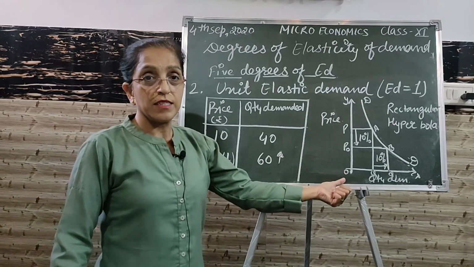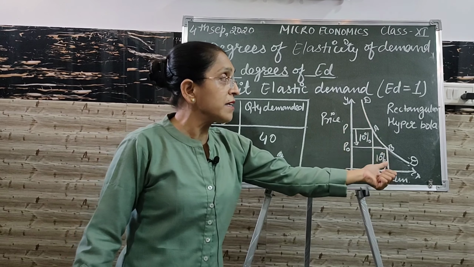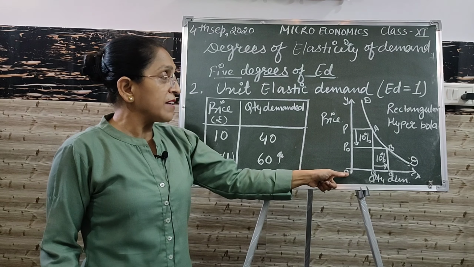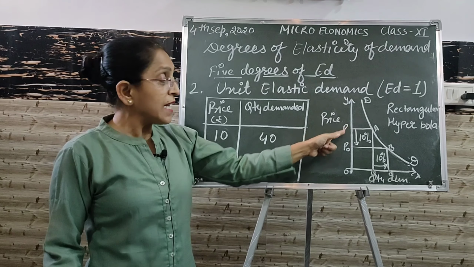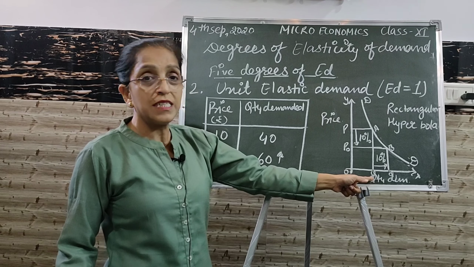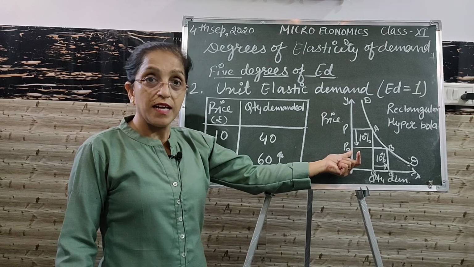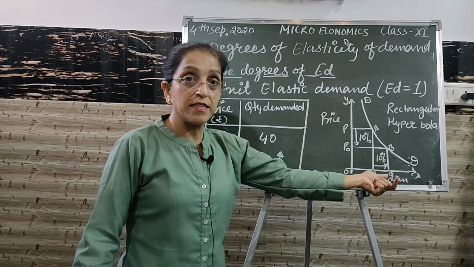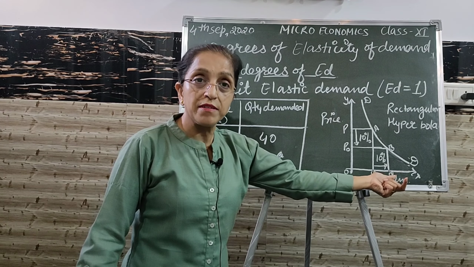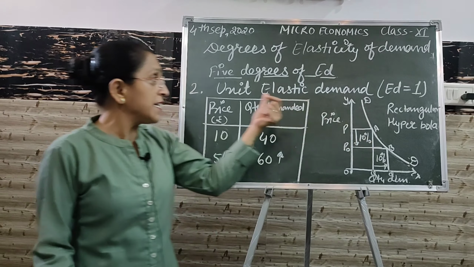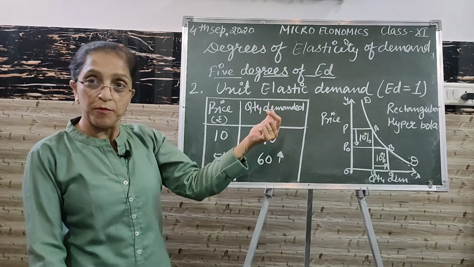When you plot it, you get the demand curve as a rectangular hyperbola. It means when the price was rupees OP, the consumer demanded the commodity equal to OQ. When the price falls by 10%, its quantity demanded also increases by 10%. Both changes are in the same proportion, so it is called unit elastic demand.